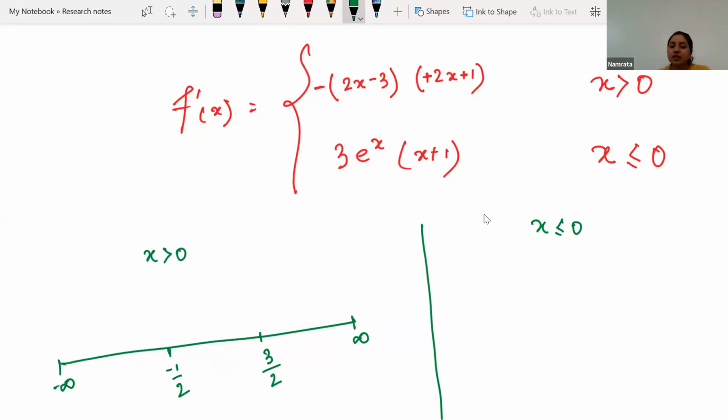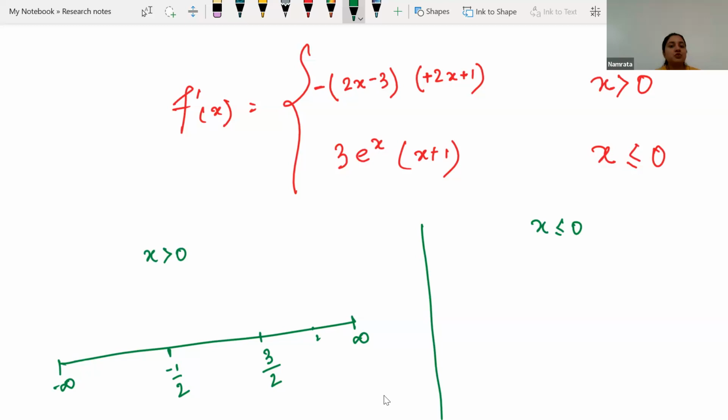Okay, now let's check in which interval the function is increasing and where the function is decreasing. How? By taking the test point quickly. So 3 by 2 means 1.5. That means we can take the test point here as 2. If we take the test point 2, let's see this expression: 2 into 2 is 4, 4 minus 3, it is positive.